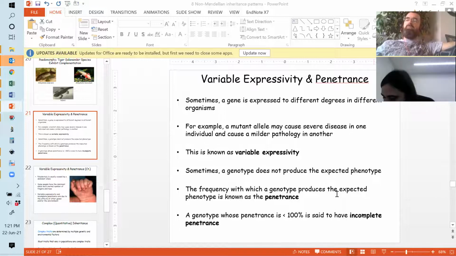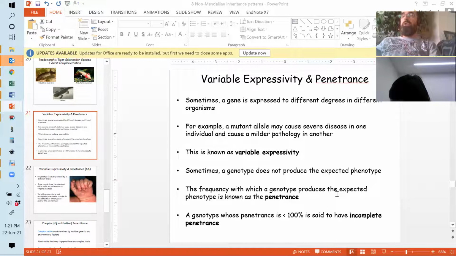If you don't express the phenotype that you would expect from that, then that genotype has less than complete penetrance. Typically, we look at this at a population level too. Some individuals will have the disease, some individuals will not, even if they have the same genotype.